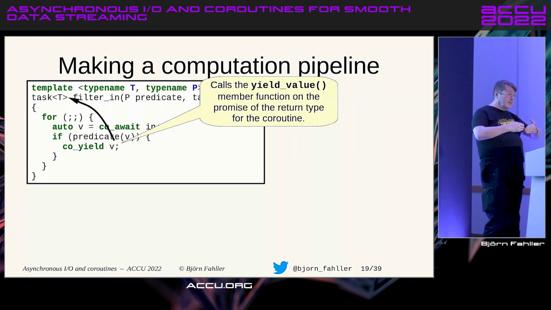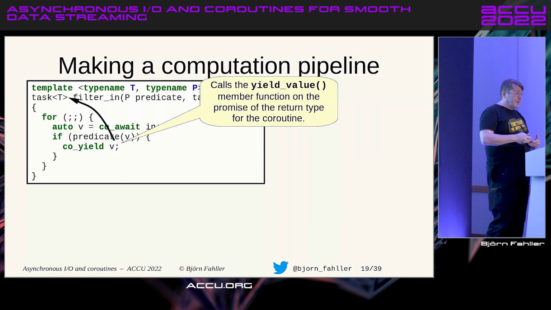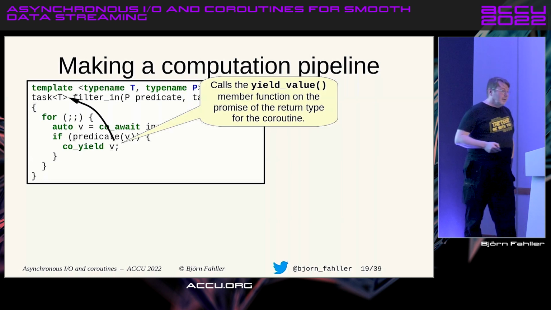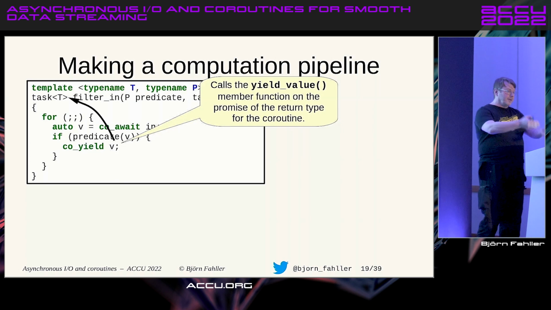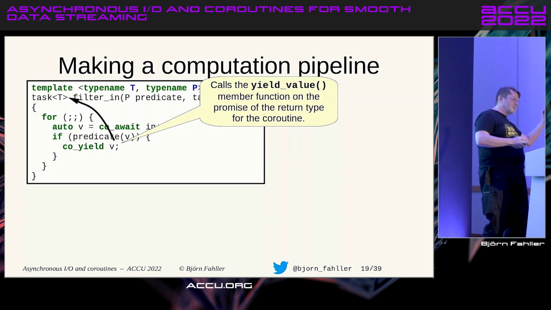So this is a filter. It may not actually call co-yield at all. Or we could have one that duplicates values and co-yields every value twice or something. So you don't just have to take one value in, massage it, and pass it on.